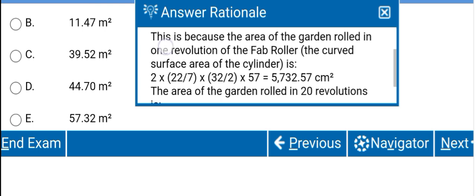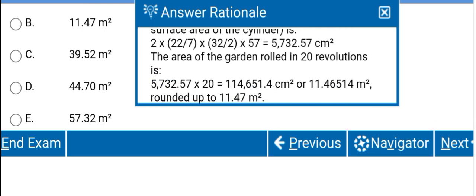So the area of the garden rolled in 20 revolutions is 5732.57 multiplied by 20 equals 1,14,651.4 centimeters squared, or 11.46514 meters squared.